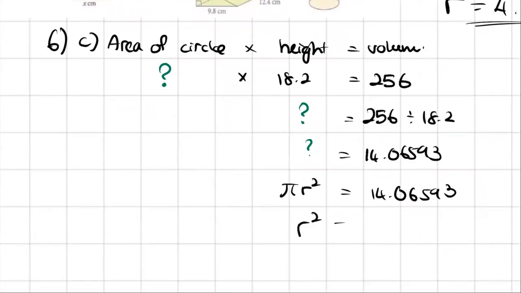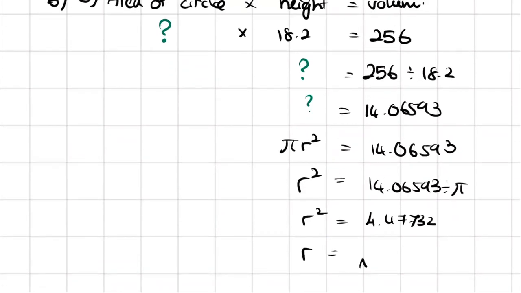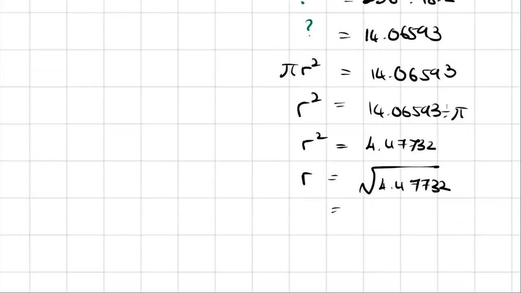Going to find r squared is equal to 14.06593 divided by pi. 4.47732 is r squared. You can do it this way as opposed to the way that I did earlier, but this one you just have to write a few more decimal places so that your answer will be accurate. One decimal place. And done.